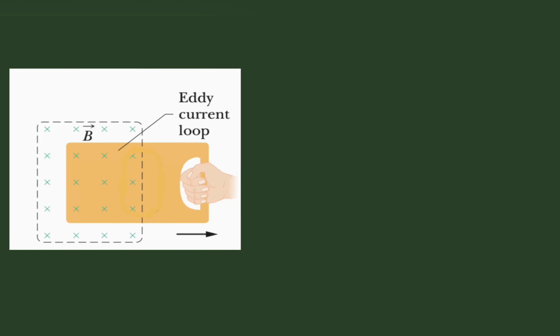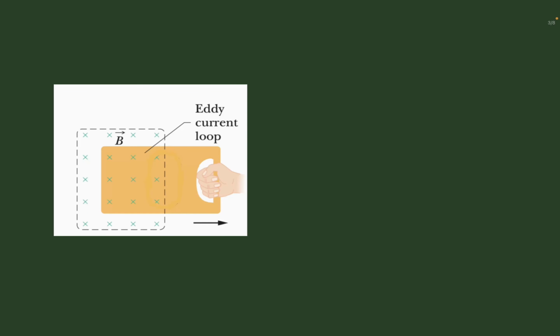Let us see that. So whatever may be the case here, whether it is a loop or a plane conducting sheet, in either case, according to Lenz's law, the current should oppose that change, whether it is induced current or eddy current. It should oppose whatever is producing that induced current or eddy current.